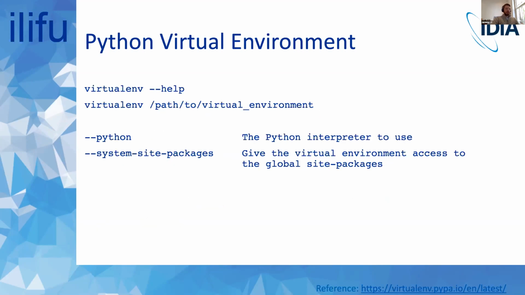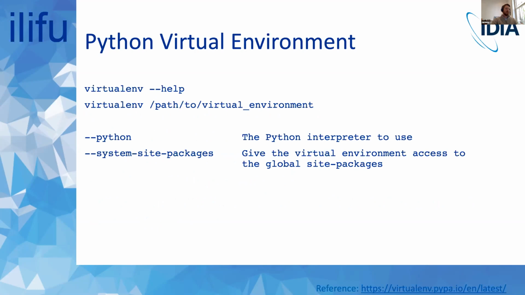It's pretty simple to set up a virtual environment. For an absolute basic one, you just run the command virtualenv and then the path to the directory where you want to place the virtual environment. There are a number of parameters that you can use as well. You can check what's available by running virtualenv --help.